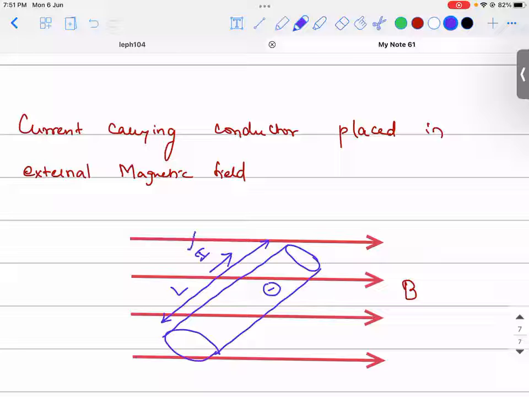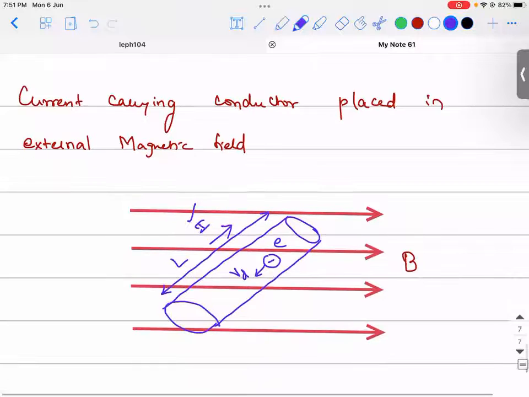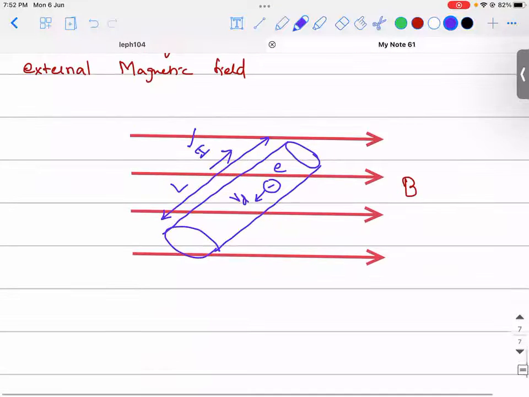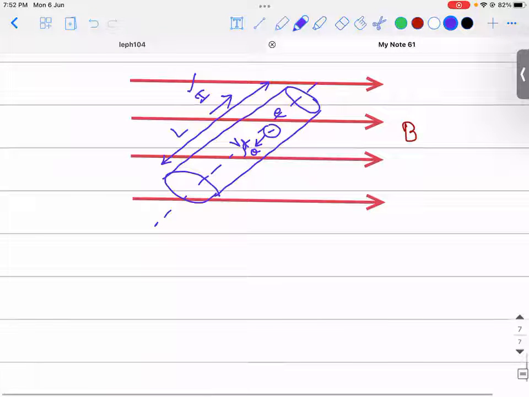So when the current is flowing in this direction, will you accept that the electron gets drifted exactly in the opposite direction? So electrons inside a conductor drift in the direction opposite to that of current and they move with drift velocity. When this is the scenario, let's say the charge of the electron is e. Now I'm taking the axis of the conductor to make an angle theta with respect to the magnetic field.